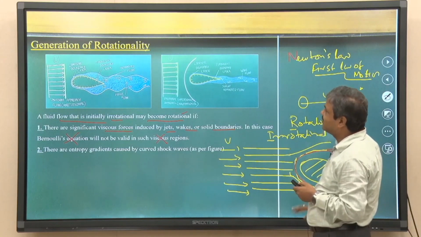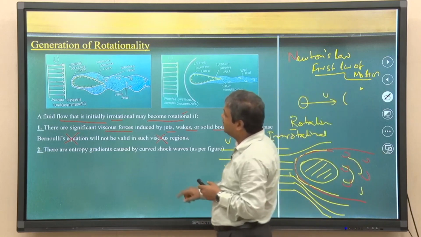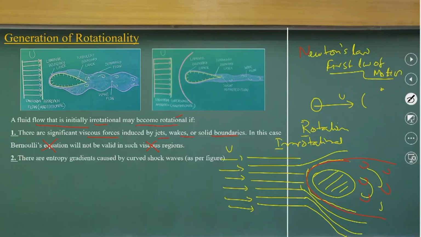Same way, that is what is represented here. If you have an aerofoil and a uniform flow, it will be irrotational. But as soon as it touches, it creates laminar boundary layers, then turbulence and flow separation, and then you can have a wake flow.